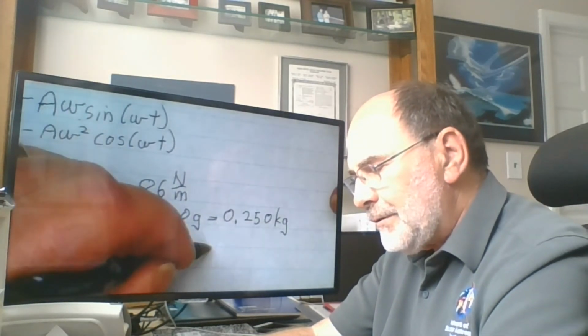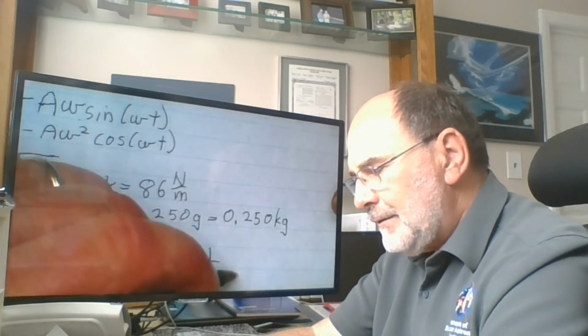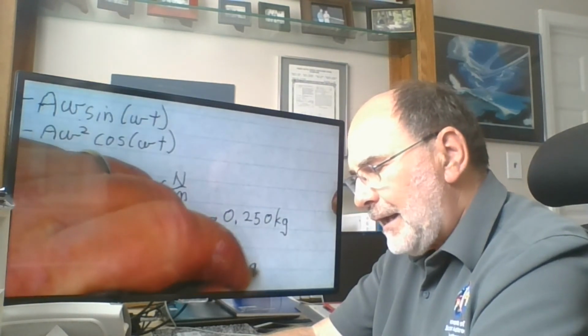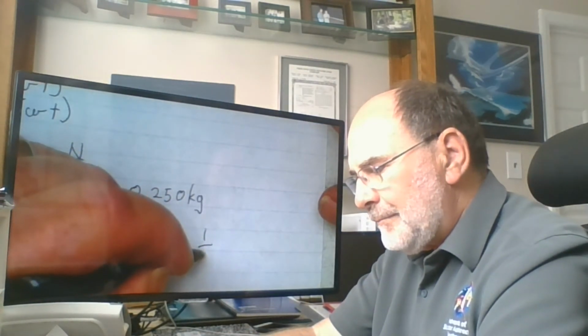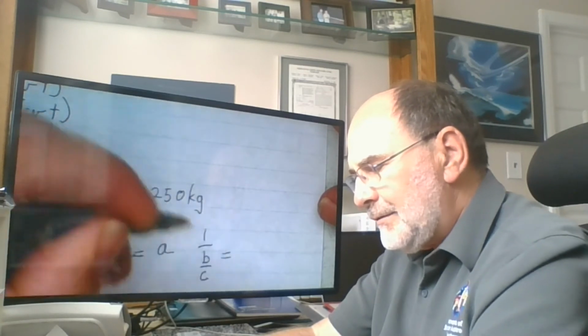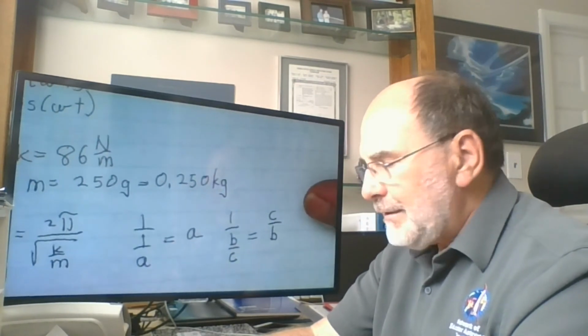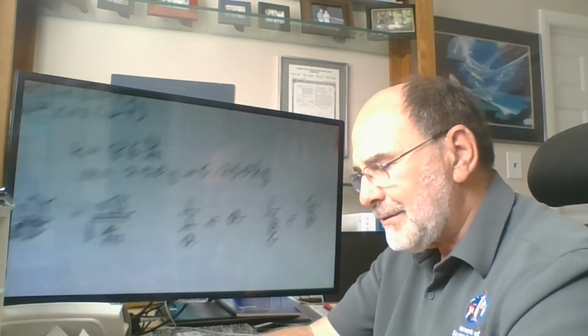And hopefully you know that 1 over 1 over A is equal to A, and that 1 over B over C is equal to C over B. I'll leave it to the interested reader to prove to himself that you know how to do fractions correctly.